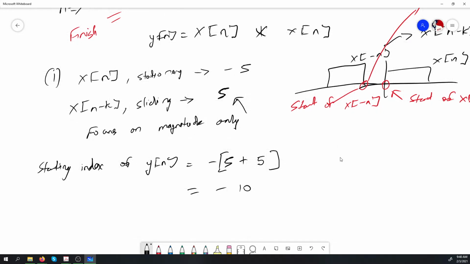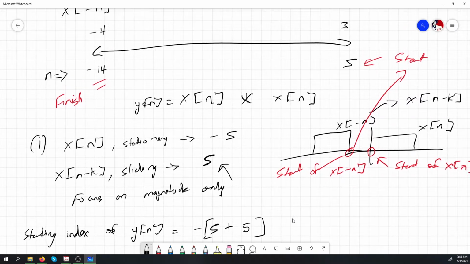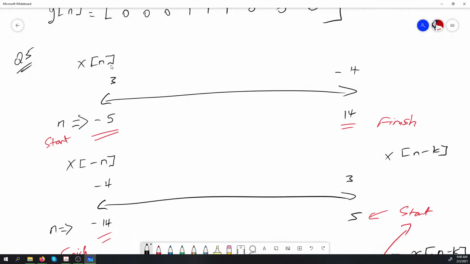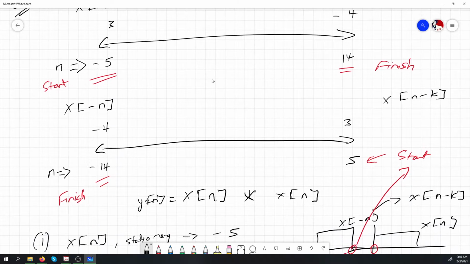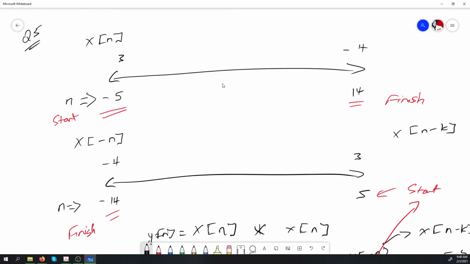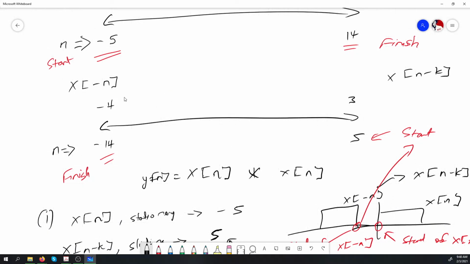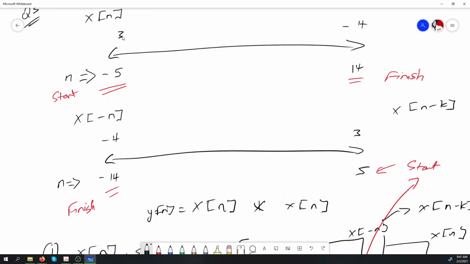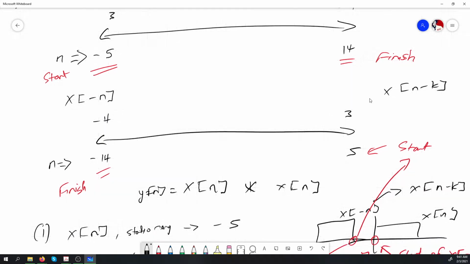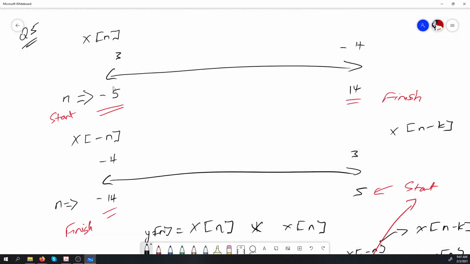So just to reiterate what I was explaining, this x of n signal is going to be stationary for a convolution. But in doing the convolution, we need to have a stationary signal and a sliding signal. Because it's convolving with itself, we need to flip that x of n signal and then slide it accordingly. So x of n here is stationary, and x of minus n, when we transform it into n minus k, is our sliding signal. The start point here being -5, we use this as our start reference to figure out the starting index for y of n.